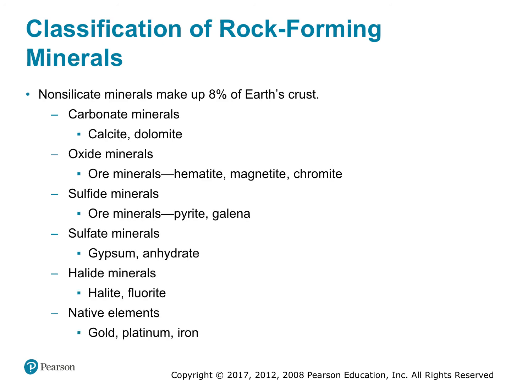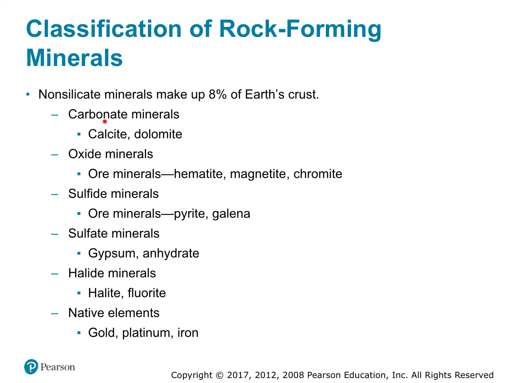So we can look at some of the different types of non-silicate materials. Those are materials that don't contain silicate, and they make up about 8% of the Earth's crust. Those include carbonate materials, which include things like calcite and dolomite, oxide materials, sulfide materials. What do you think carbonate means?